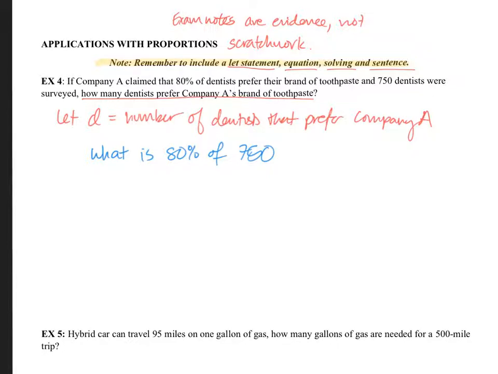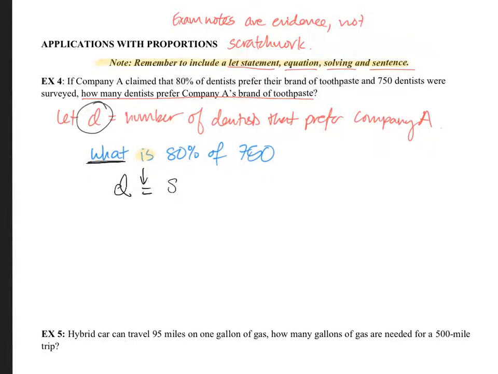Well, once I've written a sentence with the word is, I'm golden, because I can translate that directly to an equation. Because remember, what does is mean in math? Is means equal sign. And the what, that's the variable, that's what we're trying to find. That's our variable D, the number of dentists, because we don't know.